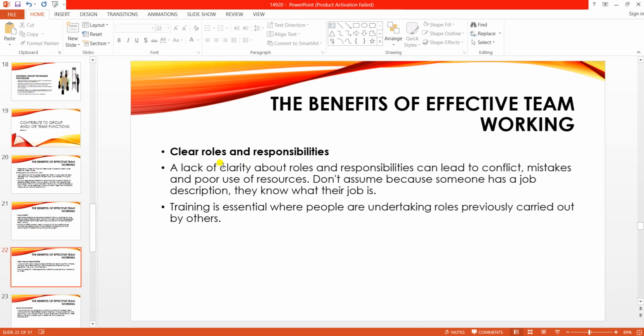Also, you need clear roles and responsibilities. Lack of clarity about roles and responsibilities can lead to conflict, mistakes, and poor use of resources. In most cases you may find that there are too many people doing the same role, and that causes confusion among team members. Also, team leaders may issue the same instructions to all the individuals or team members.